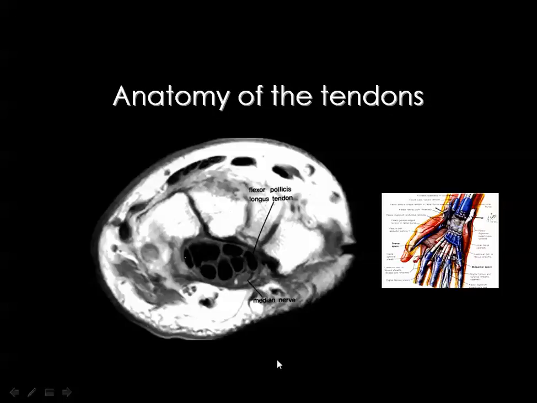Whenever you put your finger on the median nerve and you go to the dorsal aspect, the tendon which is immediately dorsal to the median nerve is the tendon of the flexor pollicis longus. Then inside the carpal tunnel, you see the flexor digitorum profundus and superficialis. You cannot discriminate those from others, but you can easily appreciate the median nerve and then go dorsally, and this is the tendon of the flexor pollicis longus.